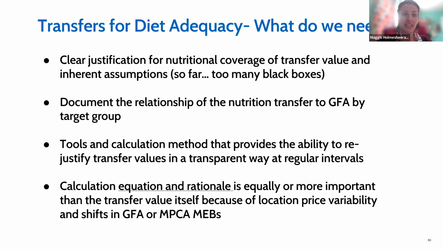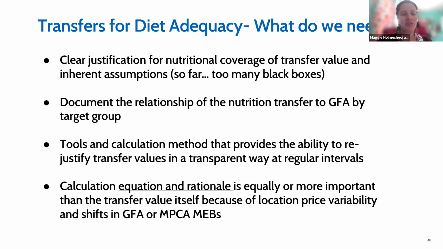And the daily kilocalorie and micronutrient requirement in the SPHERE standard isn't calibrated for the unique needs of pregnant and lactating women or small children for their growth patterns. We knew that we needed to look at the nutrition values of what was being presumed to be purchased with a transfer value to make sure that it was powered appropriately.